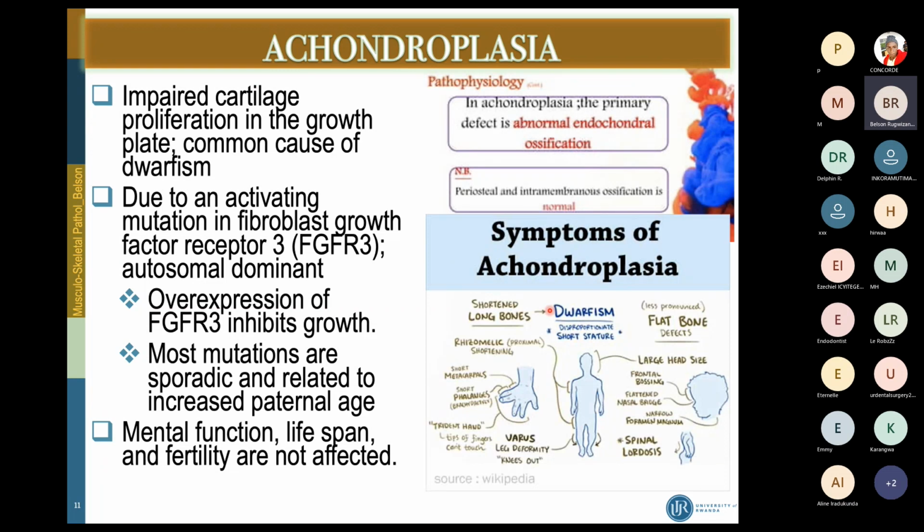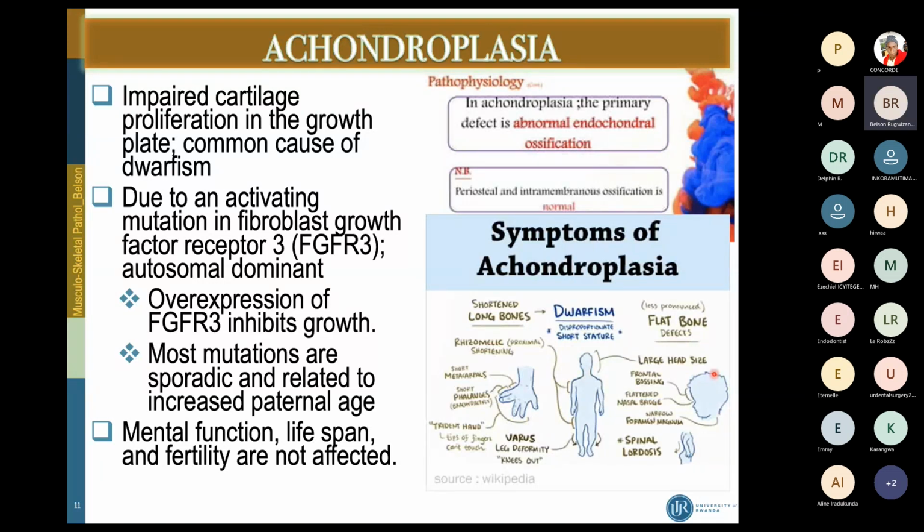So I think the symptoms are being explained here on the lower right, and we have shortened bones, and for the flat bones, they have defects, but this is less pronounced because when they are not well developed, you cannot see it physically.